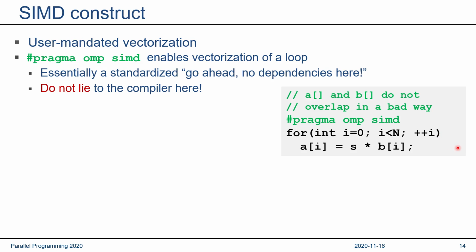Here's a very, very simple example. There's a loop setting an array A to a scalar times an array B, okay? And of course, you may think this is a loop that's very easy to vectorize because the iterations are independent. Iteration I is independent from iteration I plus 1.